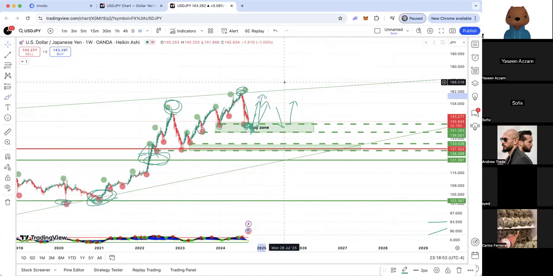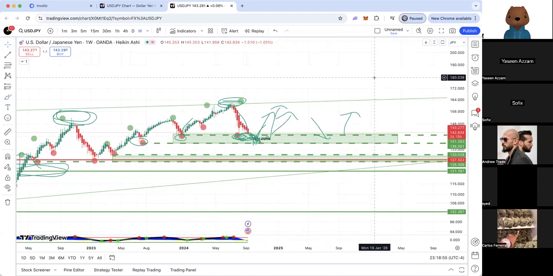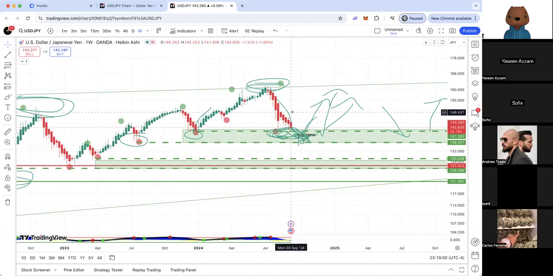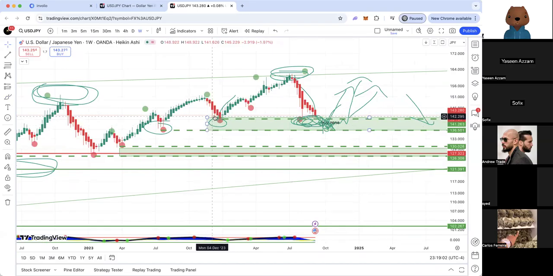How long do we have to wait, though? Well, this is where the candles come in. You see here, when it came back down, it touched first here. This was the first candle. But the next week was also red, and it came back down and touched here. And the next week was also red, and the next week was also red. So do we want to buy when the weekly is red?